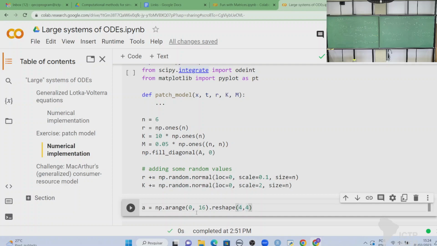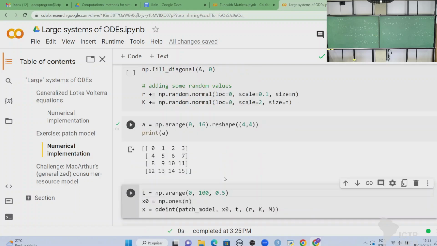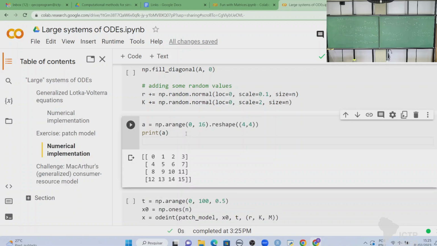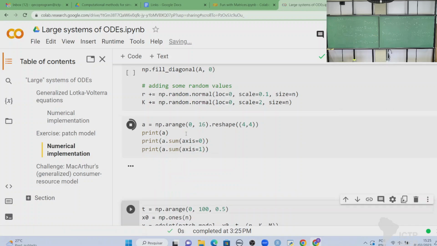Yeah, so I have this thing here. Let me print it, okay? So this is the matrix A, right? And I can sum it along the lines or along the columns, okay? Depending on which argument I pass to sum. So let me have both here, so you see the difference.